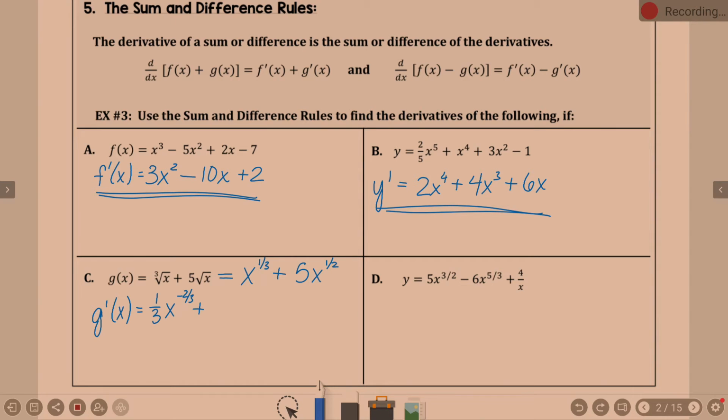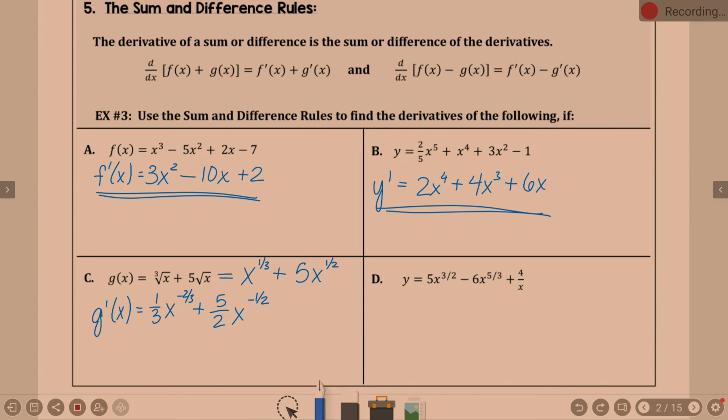Plus derivative of 5x to the 1/2: five over 2, because it's 1/2 times 5, so I would say 5/2. x to the negative 1/2.